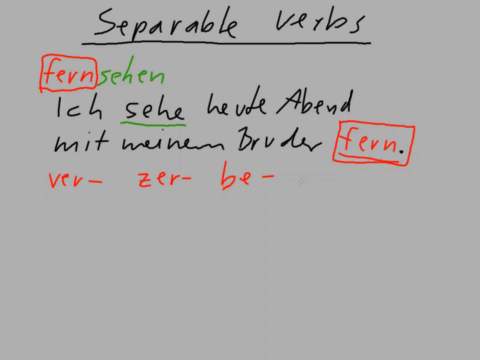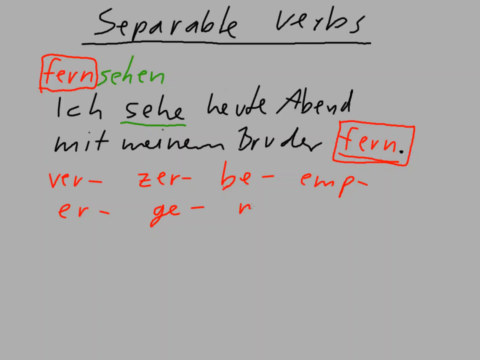Okay, then we have emp, empfangen, to receive something, for example. Then we have erkennen, erlauben, erholen, and so on. Then we have ge, as in gefallen, es gefällt mir, or gelingen, stuff like that.